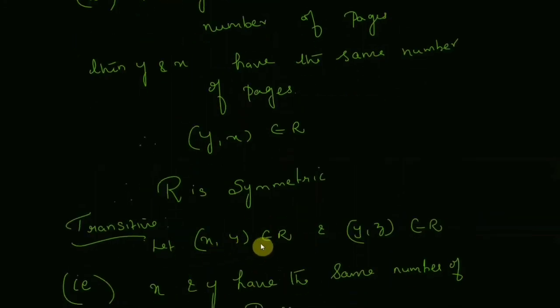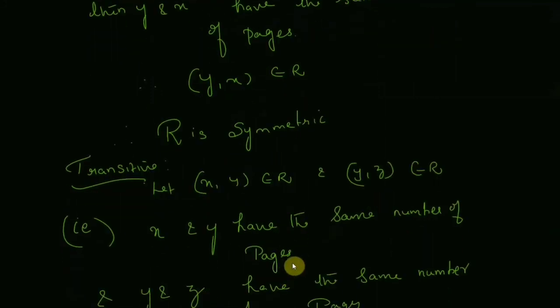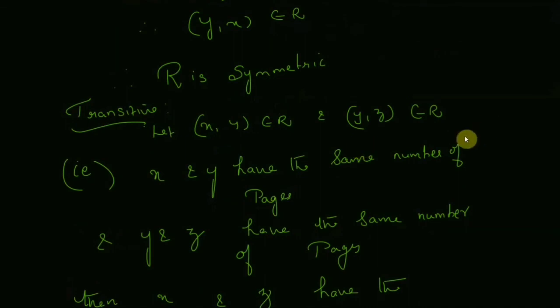Is it transitive? Let (x, y) belong to R and (y, z) belong to R. What does it mean? The books x and y have the same number of pages, and y and z have the same number of pages. That means x and z will have the same number of pages.